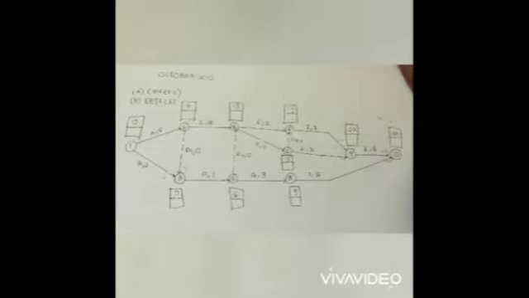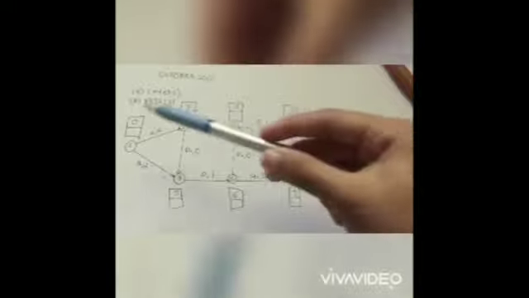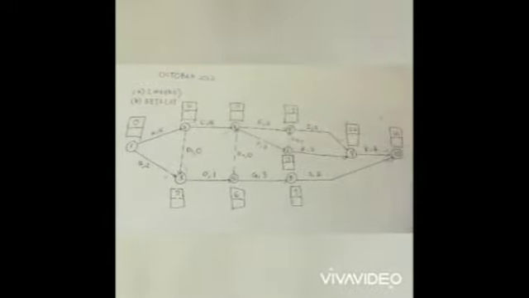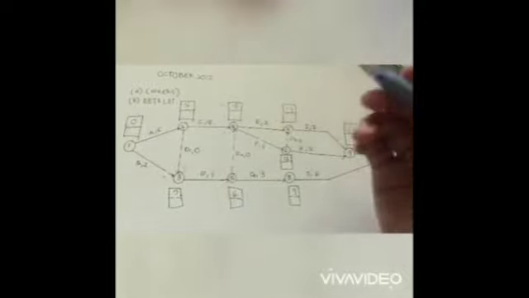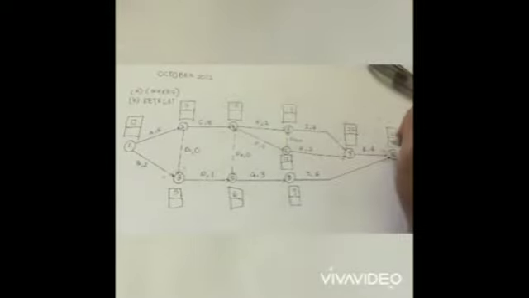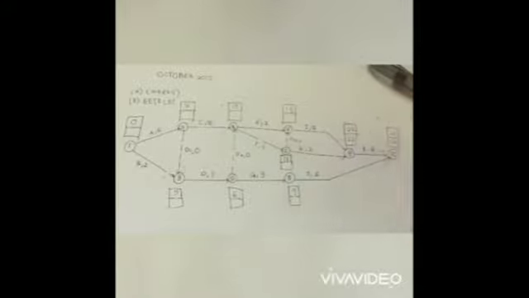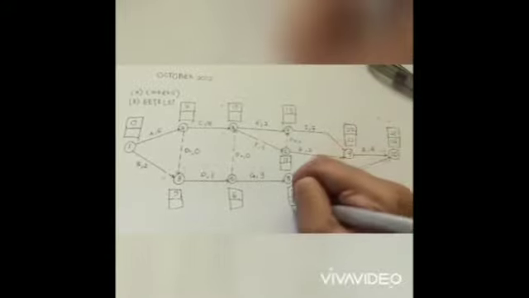Okay, for LET, we will subtract all the numbers starting from the ending until the beginning. So we will start with 26. I will use blue pen so you guys can see the difference. So 26 minus 4, you will get 22. 26 minus 6, you will get 20.